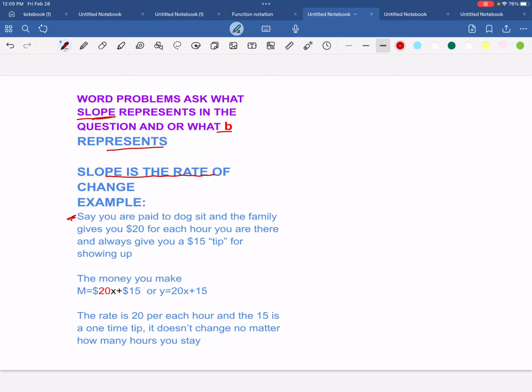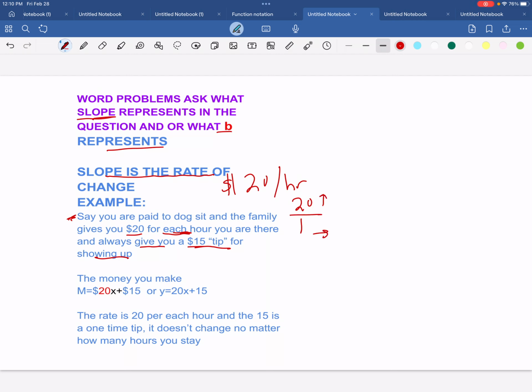Say you're paid to dog sit, and the family gives you $20 for each, see the word each, or per hour you're there, and always gives you a $15 tip for just showing up. So what do we got there? We've got $20 per hour. That is your slope. 20 up every 1 over.